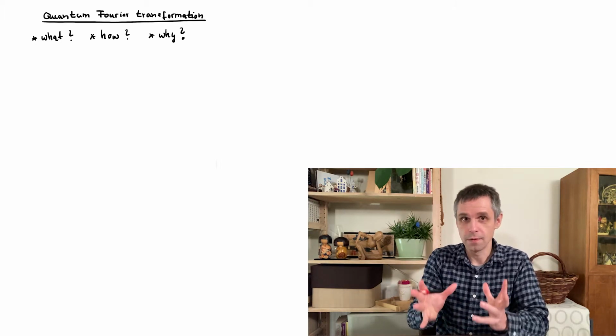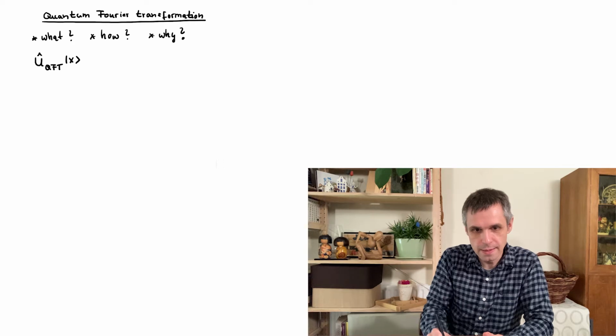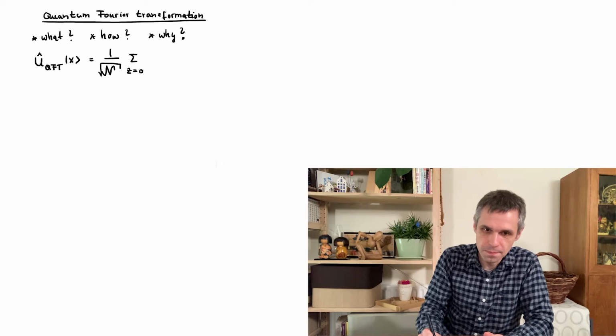And it is actually a very well-defined unitary operator, which acts on basis states. We call it QFT. It acts on basis states x and transforms them into a certain superposition of all the basis states. This will be a sum running over all of them.